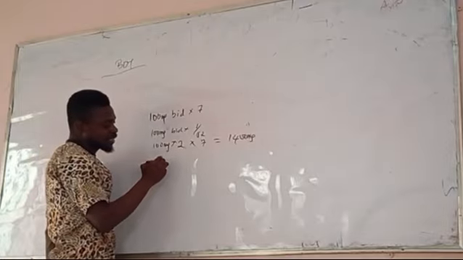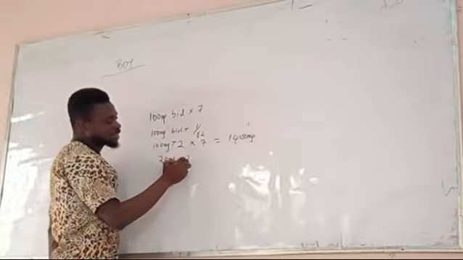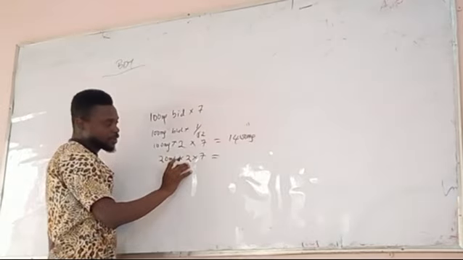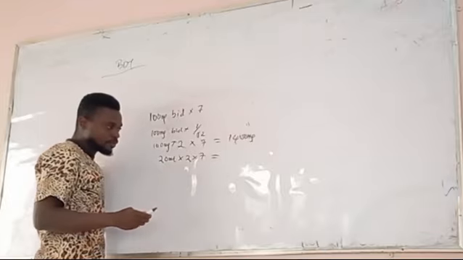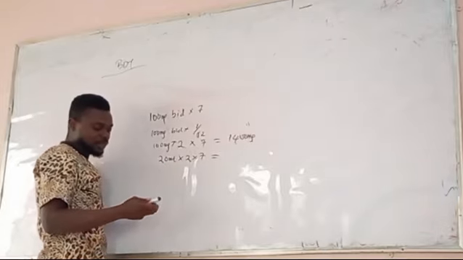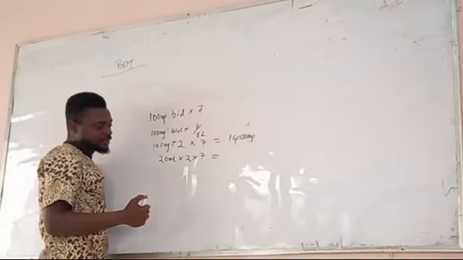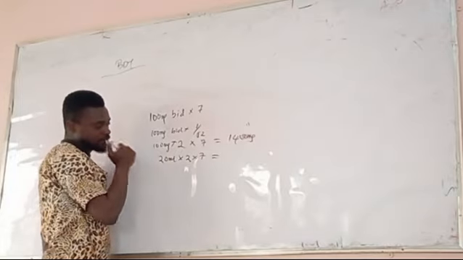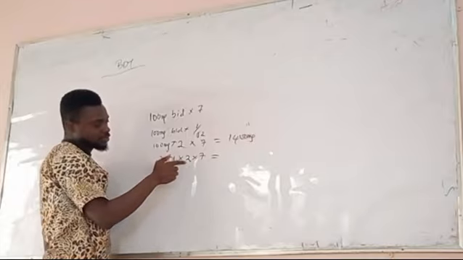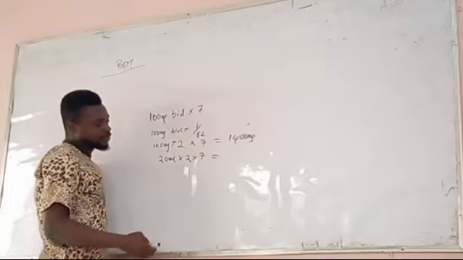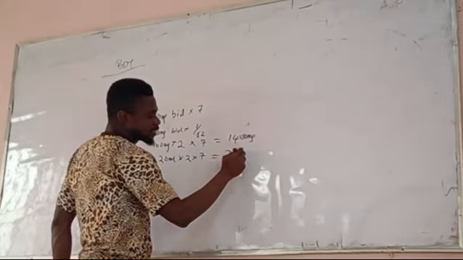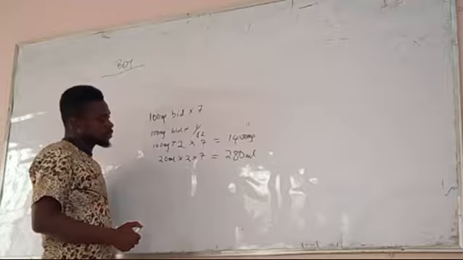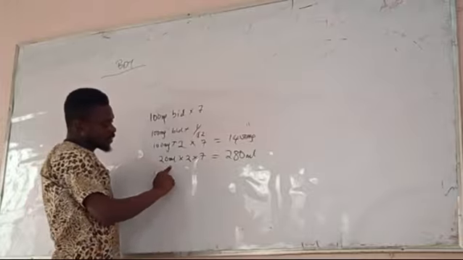So we can simply say 20 ml times 2 times 7. 20 ml times 2 is 40 ml. 40 ml times 7: 4 times 7 is 28, add another 0, 280 ml.